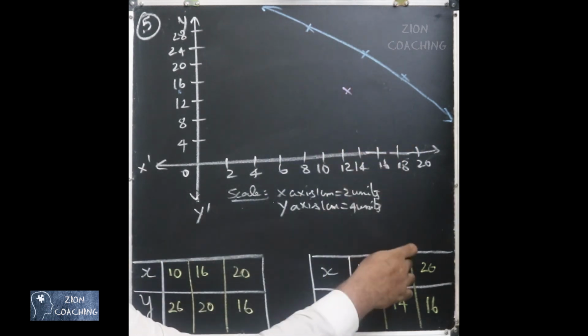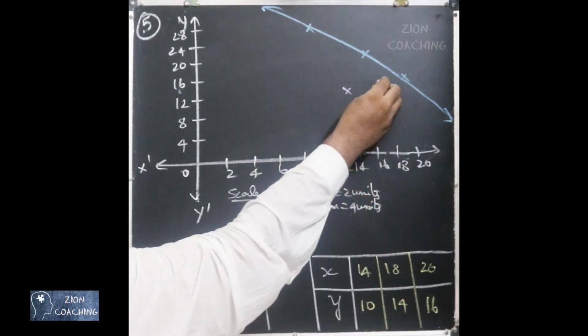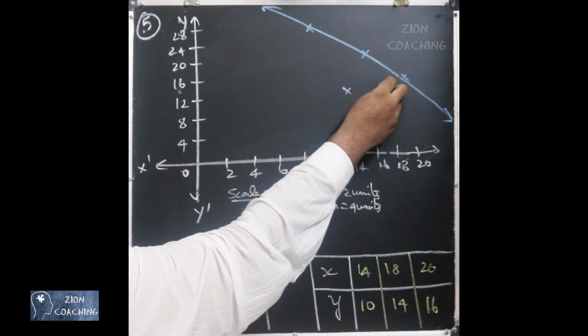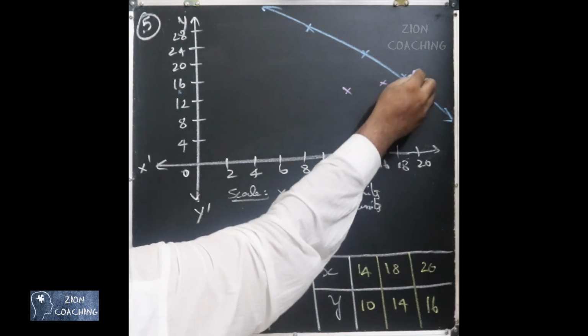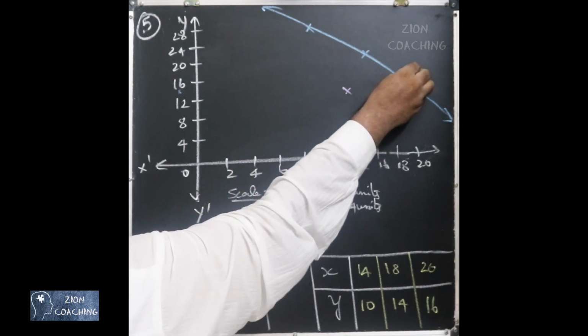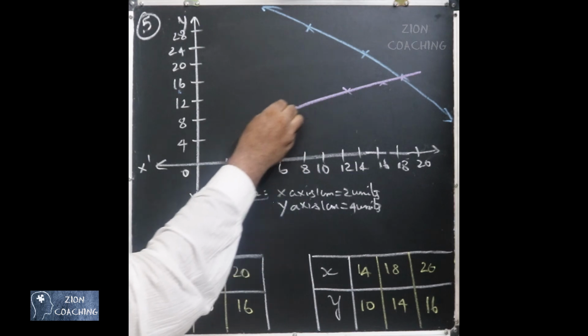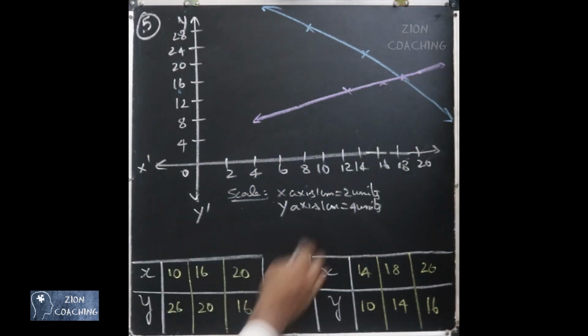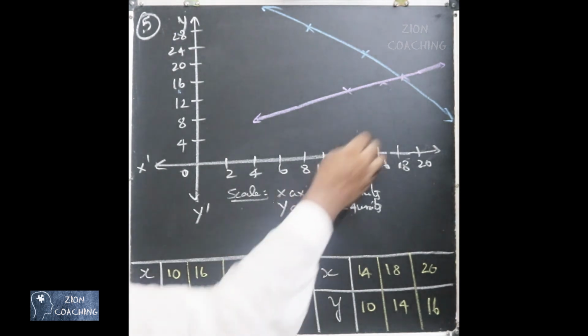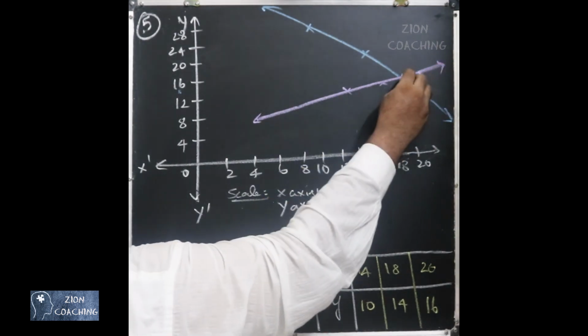So when you join all these 3 points, you will get another straight line extending both sides. Now we have got the point of intersection.